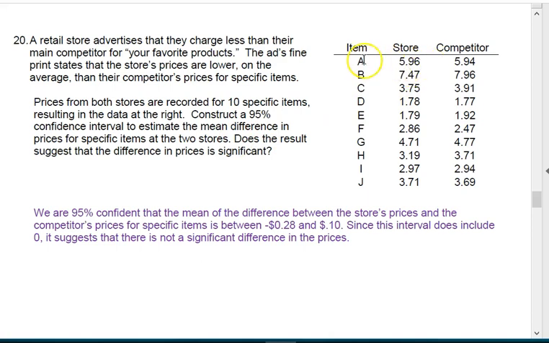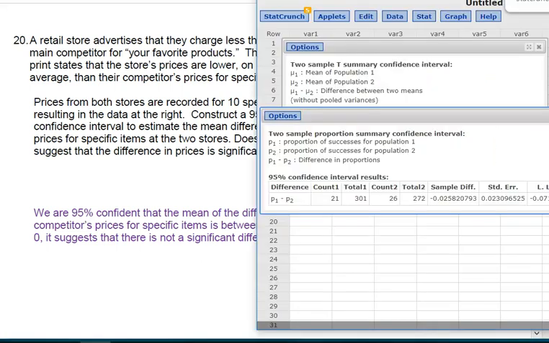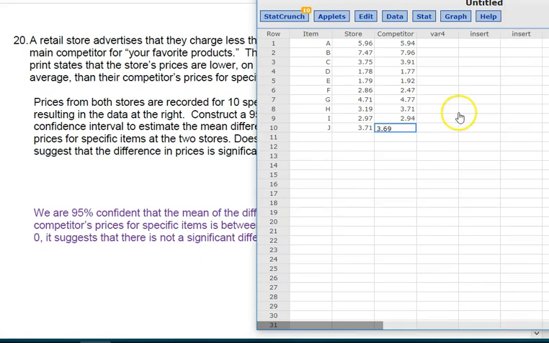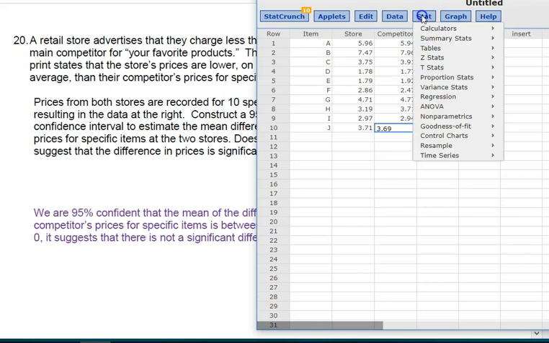In other words, if we took each of these items and took the store's price and subtracted the competitor's price, that would give us the difference between the prices for each different item. Because we've got each item and the two different prices that we're subtracting, that means that this is a paired sample. In StatCrunch, we would take the data and copy it into StatCrunch, and then what we're doing is t-stats paired.